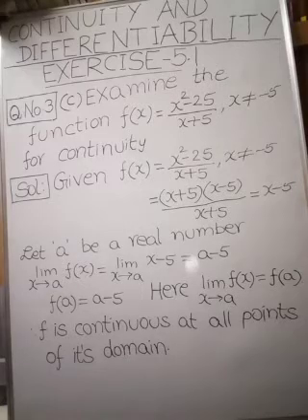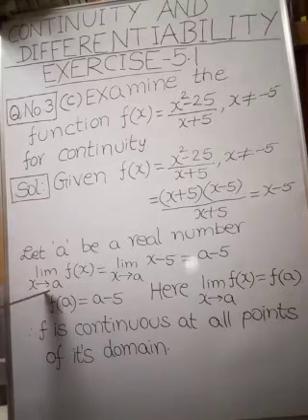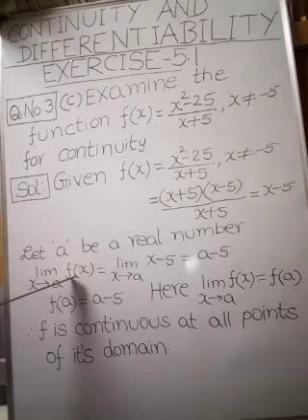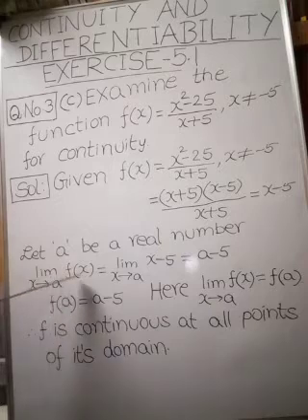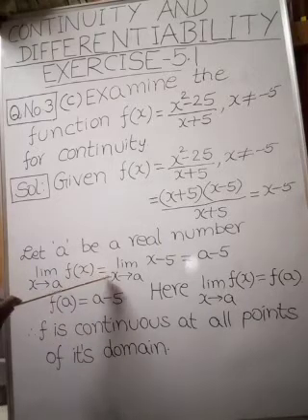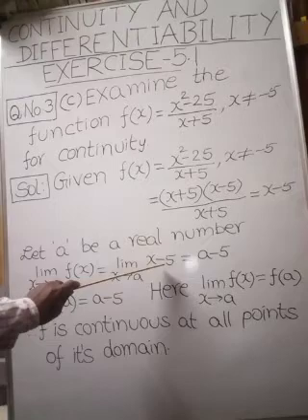the continuity of this function at all real numbers. So let a be a real number because no particular point is given here. That is why we are assuming a real number a. Now we find the limit of that function at x is equal to a. So as x tends to a, limit f of x is equal to, as x tends to a, limit x minus 5.